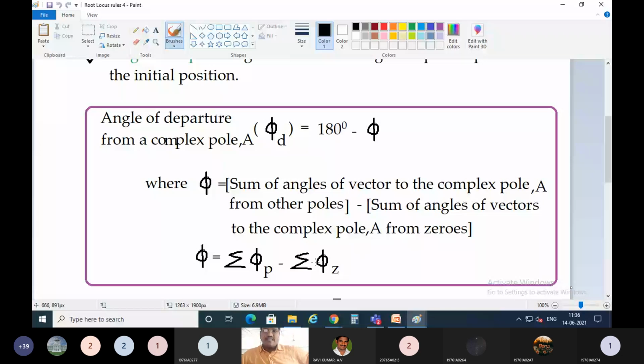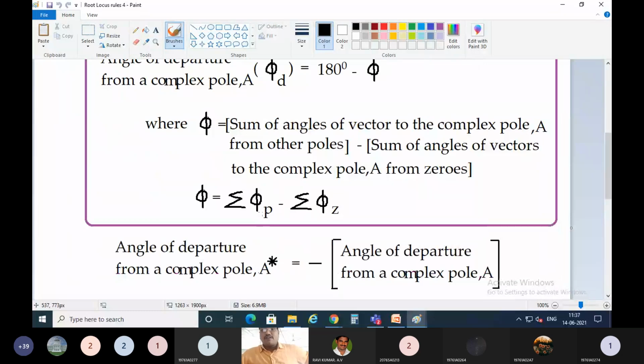So phi is equal to sum of phi p minus sum of phi z. While doing the problem, it is understandable. Don't worry. This is the formula for the angle of departure, calculated from a complex pole A.